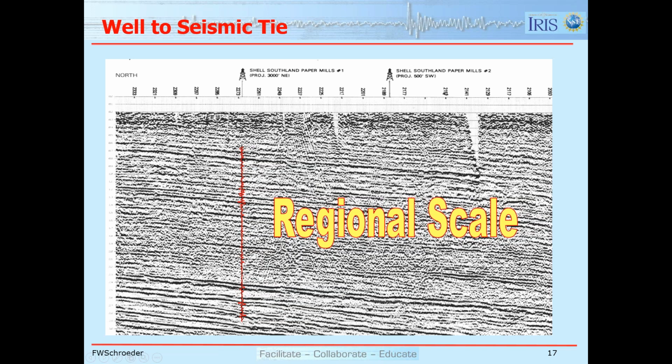One of the things that sometimes people will do is they'll take the shortest distance from the well to the nearest line, and if you are in an area where there is structural dip, I would actually project the well along the structural dip orientation to the seismic line.